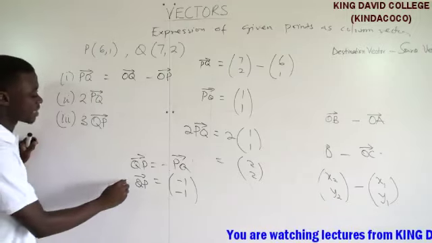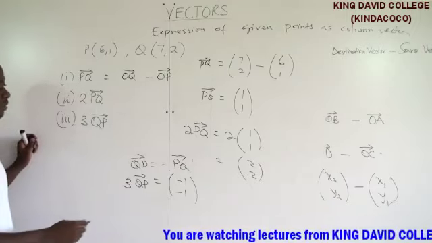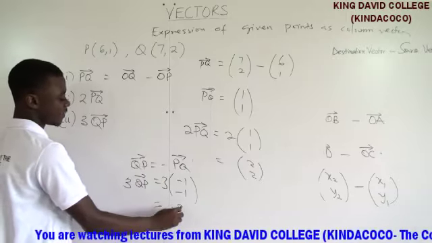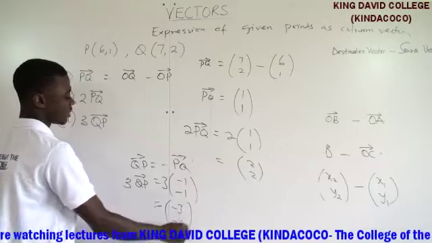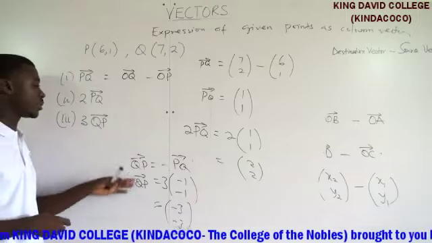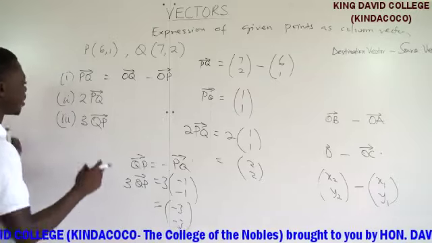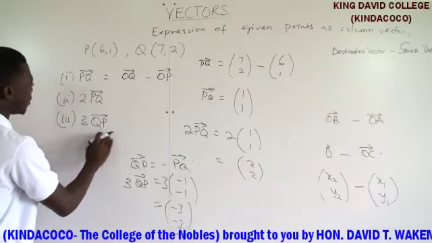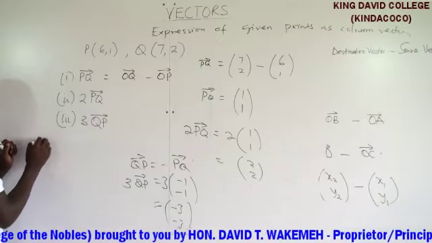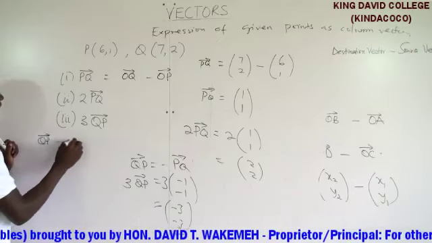So 3 times this one. So 3 times (-1, -1), and then it's going to be (-3, -3). So you can either choose to do it the reverse format, or you can just pick the QP alone and then do vector OP minus vector OQ.